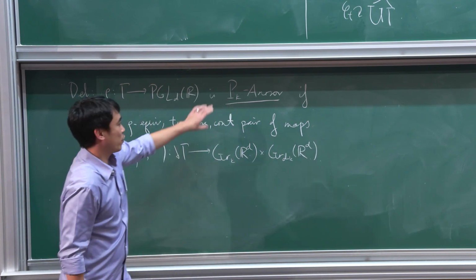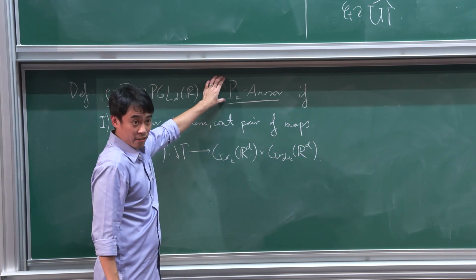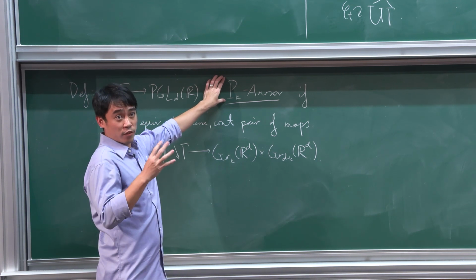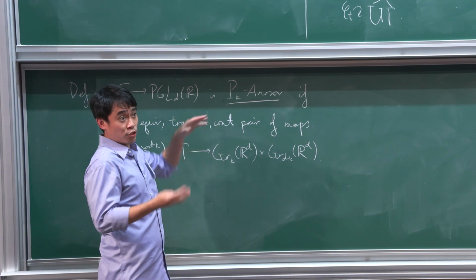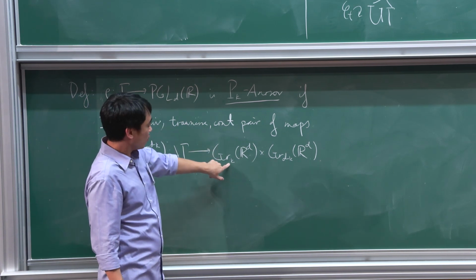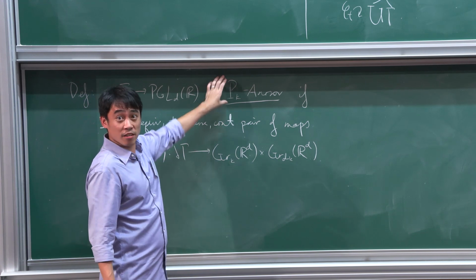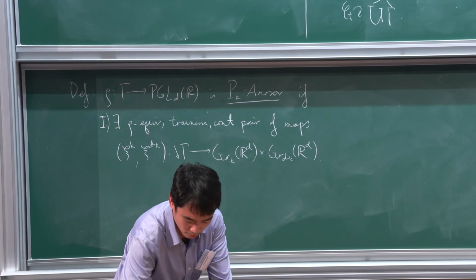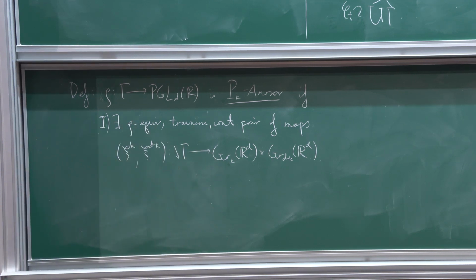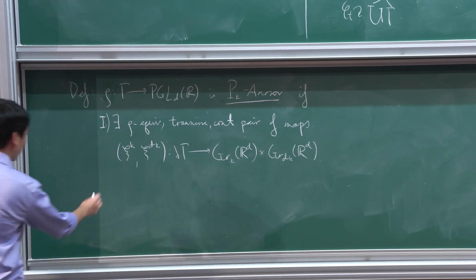Don't worry about what this P_K is. You should think of this as the stabilizer of the K-plane in R^d generated by the first K standard basis vectors. So this Gr_K(R^d) is G mod P_K. This kind of showed up in the previous talk today. So this is the first condition.